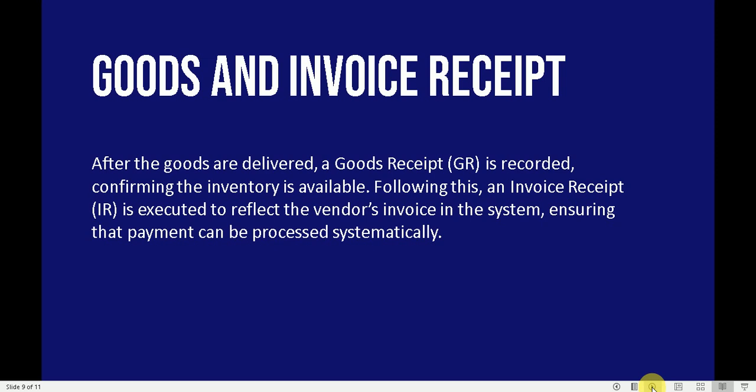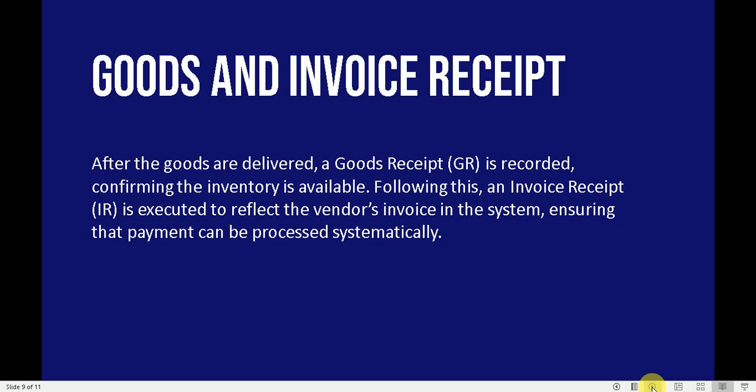Goods and invoice receipt. After the goods are delivered, a goods receipt is recorded, confirming the inventory is available. Following this, an invoice receipt is executed to reflect the vendor's invoice in the system, ensuring that payment can be processed systematically.